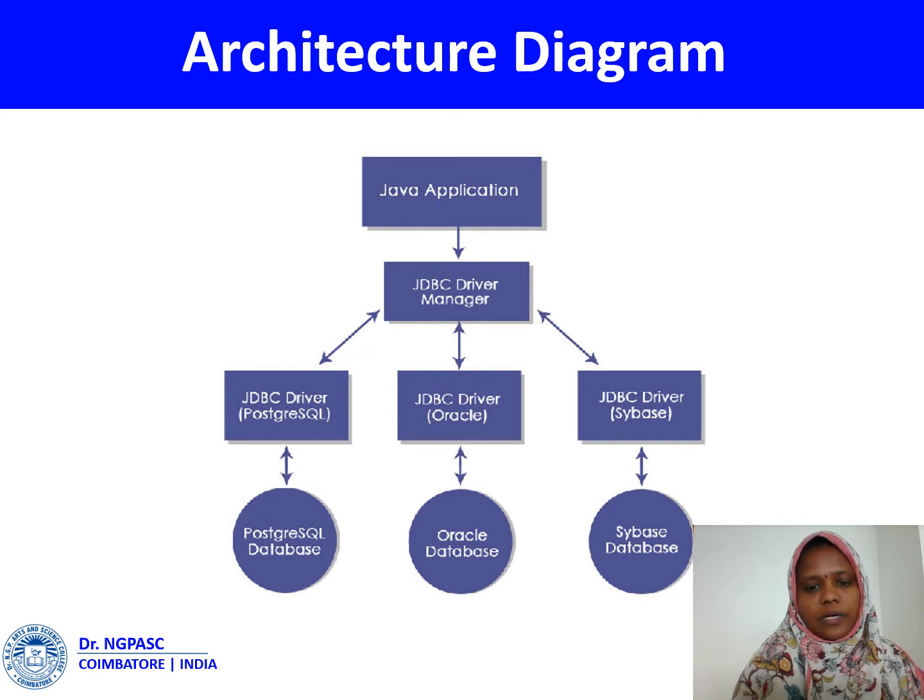These applications and databases are connected through the drivers. The driver manager's work is to choose the particular driver. If we choose an Oracle database, the Oracle JDBC driver will be chosen by the JDBC driver manager. So the JDBC driver manager's work is to choose the particular driver for a particular database.